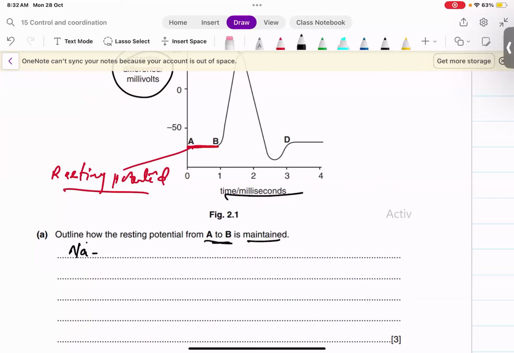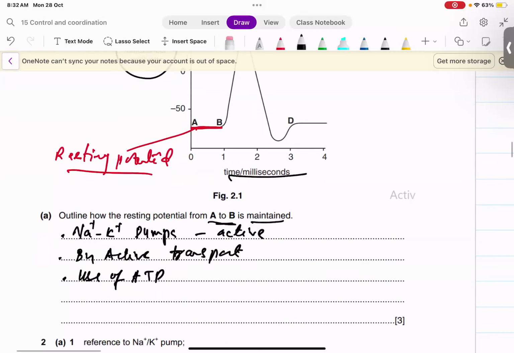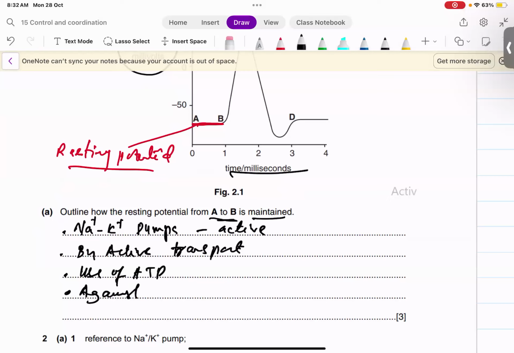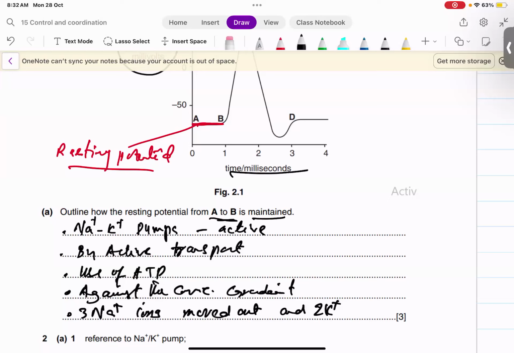Sodium potassium pumps are active, and by active transport, which is the use of ATP, and against the concentration gradient, 3 sodium ions are moved out and 2 potassium ions are moved into the cell. So this is how this resting potential is achieved.